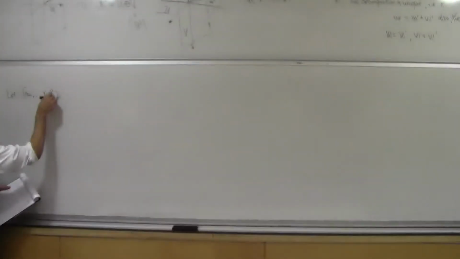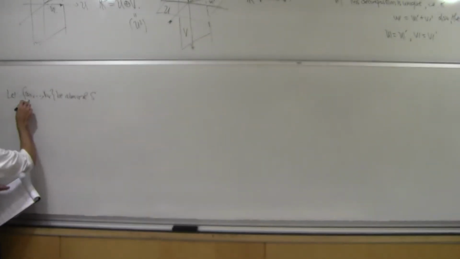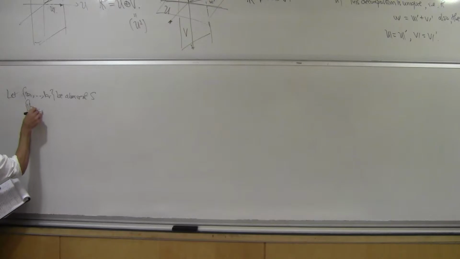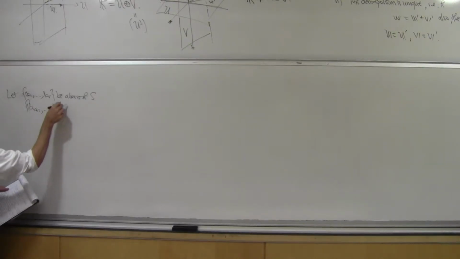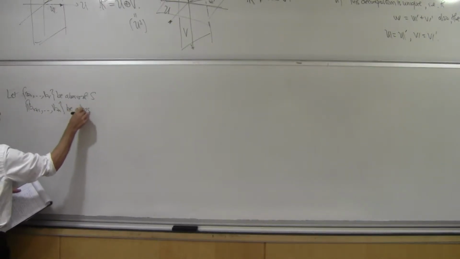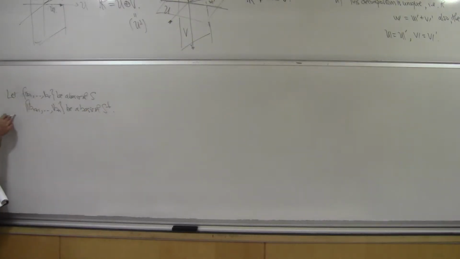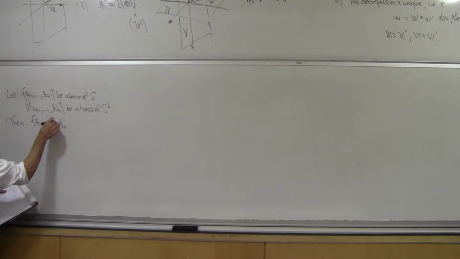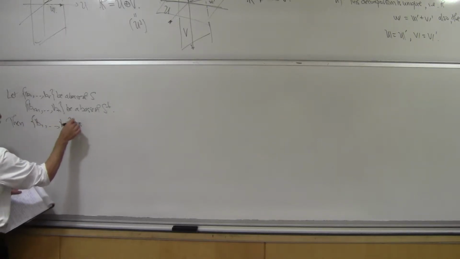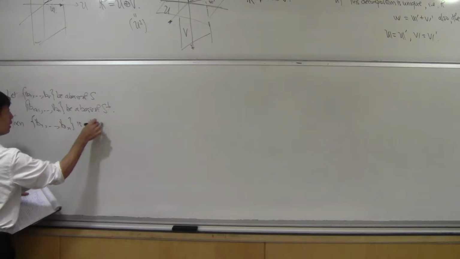So take two bases: let B1 through Br be a basis of S, and Br+1 through Bn be a basis of S perp. Then we've got, what we did last time, that B1 through Bn is a basis of Rn.